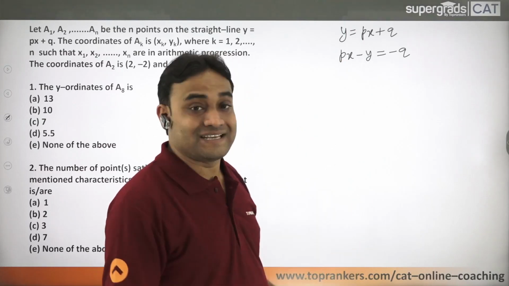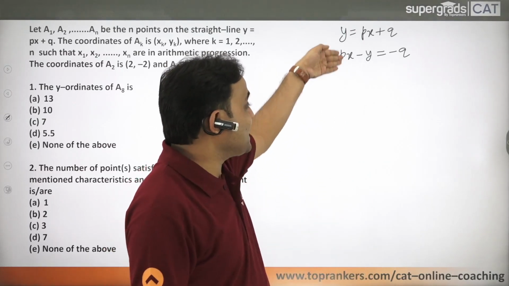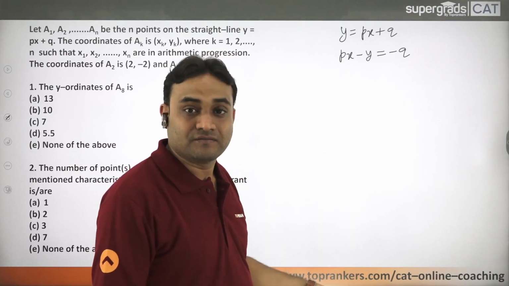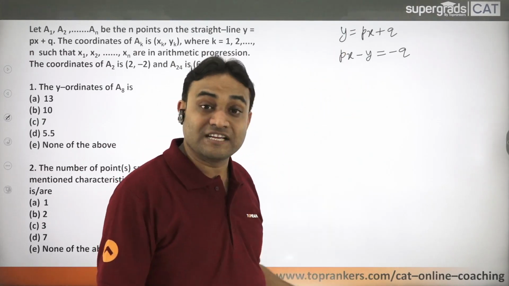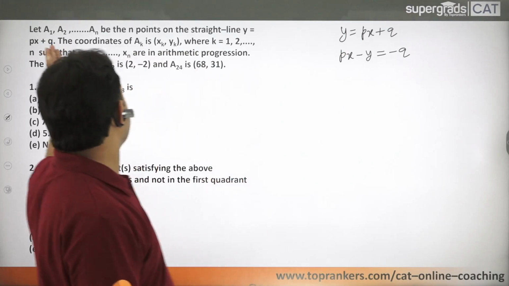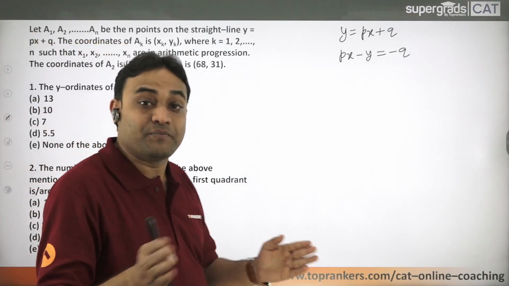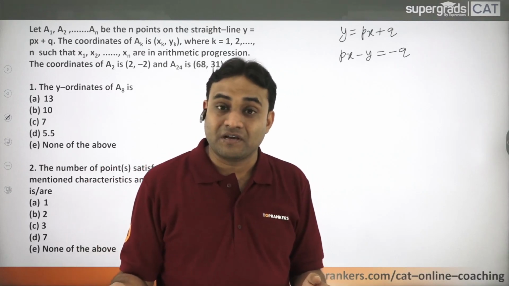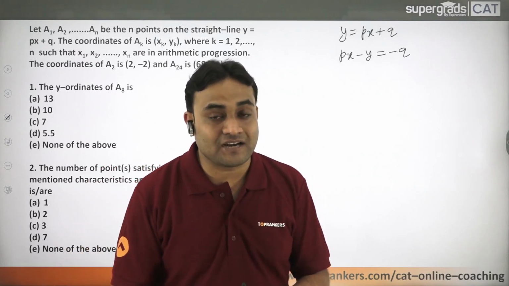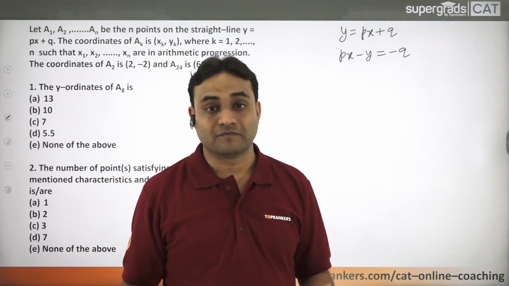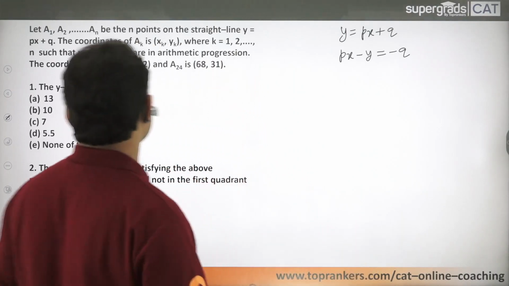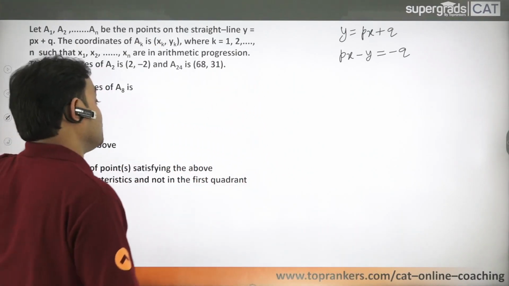So in that case, can we say if x is changing in AP, y will also change in AP? So basically, all the coordinates of A1, A2, AN are in AP. The x coordinate has been given in AP, but we can definitely say that the y coordinates will also be in AP. Now, A2 is 2.